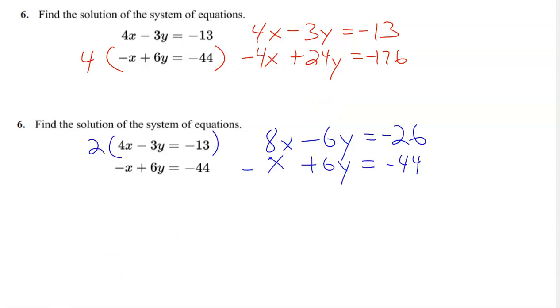But if I was going to multiply the top by 2, that'll give me a negative 6y, and I can cancel out the y term. So these two terms can cancel out depending on what you multiply by. And you can pick either one you want, and you should still get the same answer.